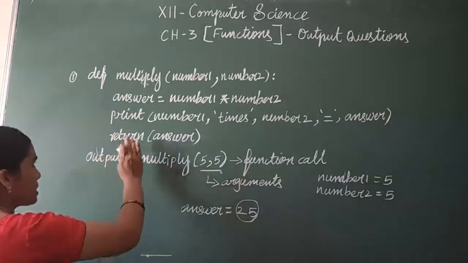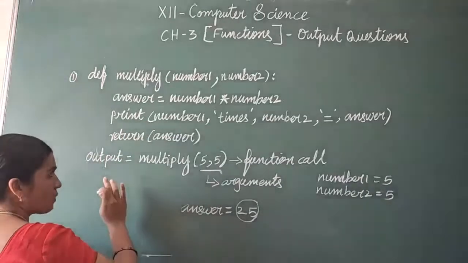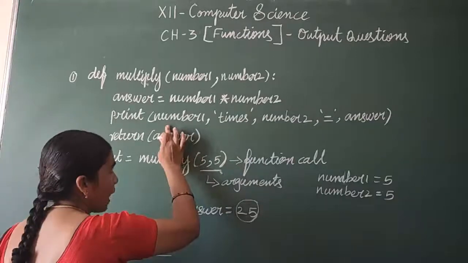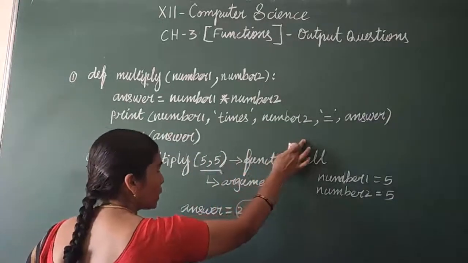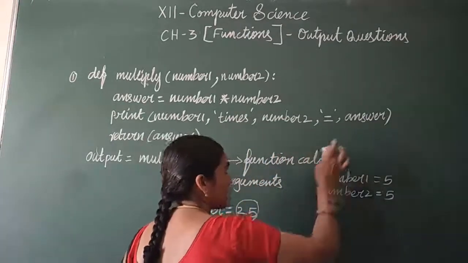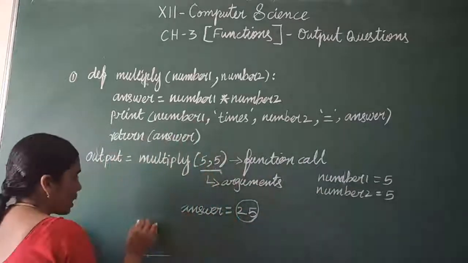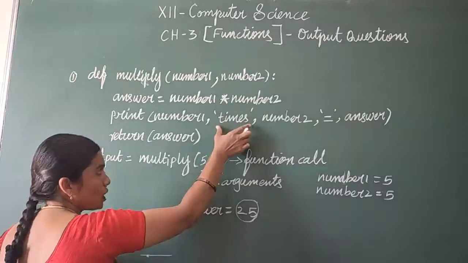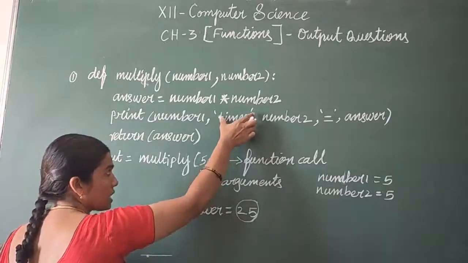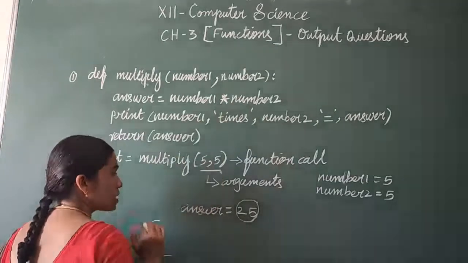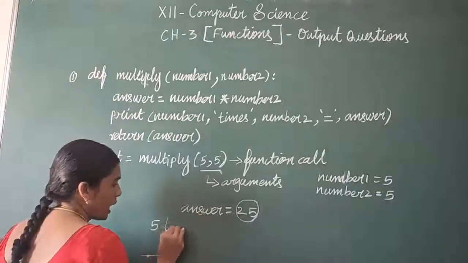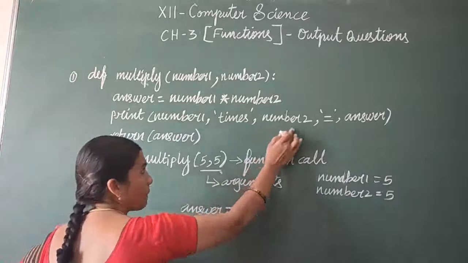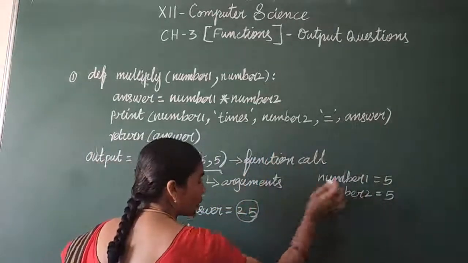The next statement we have given is the print statement. What will it print? Number 1, times, number 2, is equal to, answer. Number 1 is 5. Then 'times' is given inside single quotes, so as it is, it is printed.